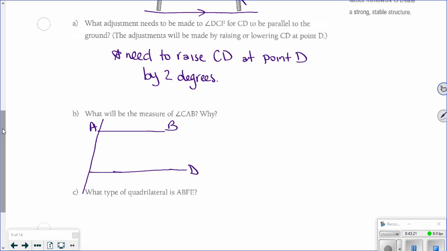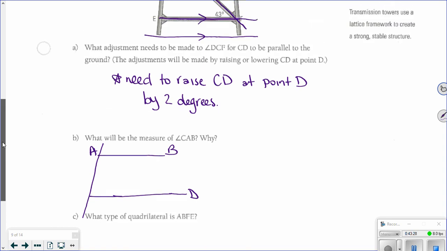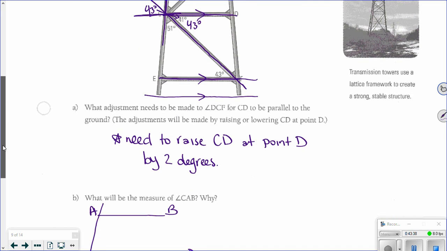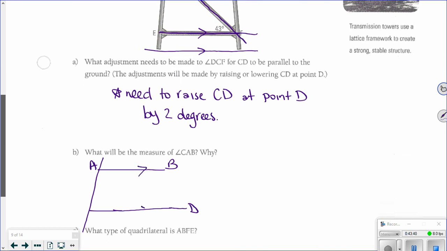When I look at C, if I extend things out, so if I go back to here, and if I extend out this brace, and make this come up and down, I have two parallel lines and a transversal. And I know some of the angle measures now.